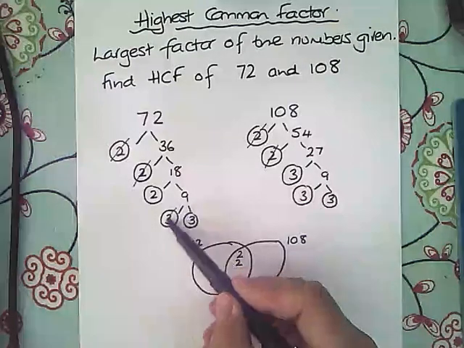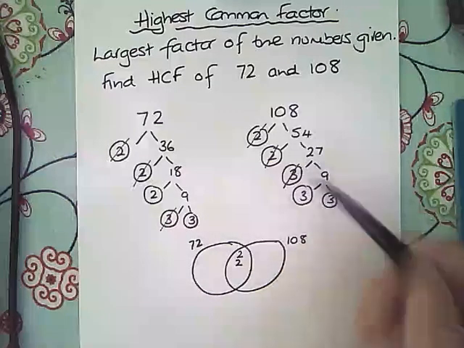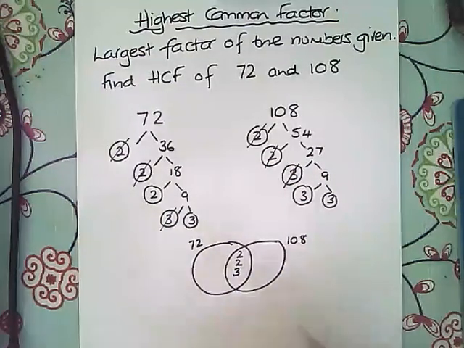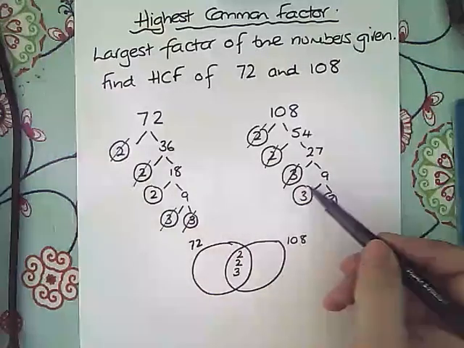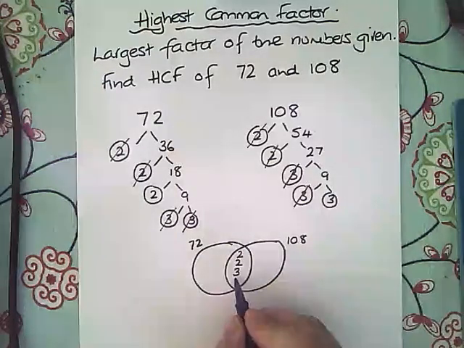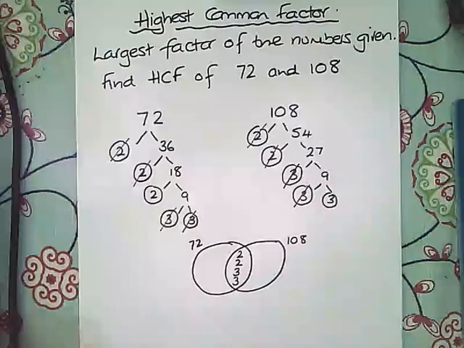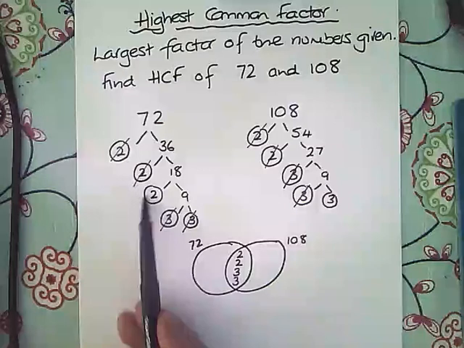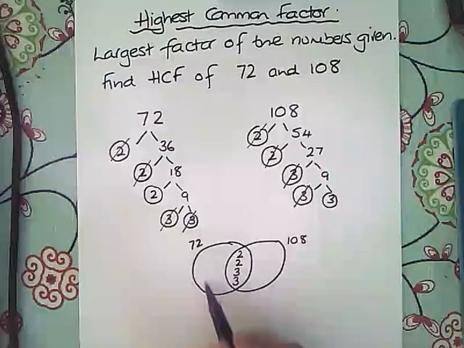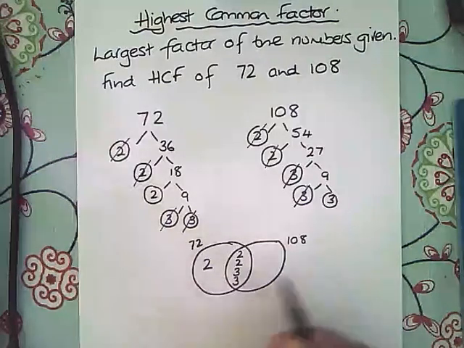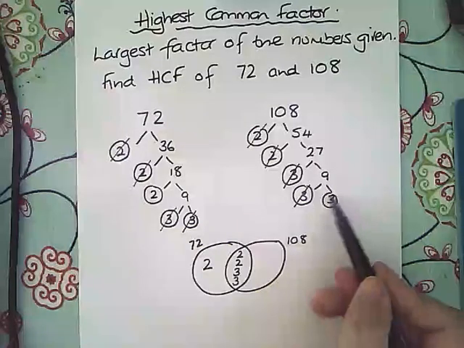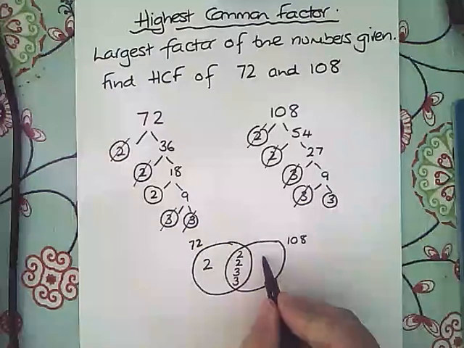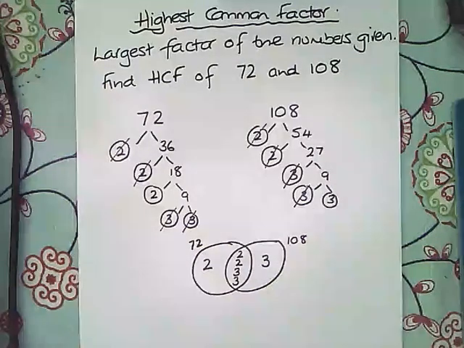We have got a 3 in that one and a 3 in that one, so we put a 3 there. And finally we've got a 3 in this one and a 3 in this one, so another 3 goes there. We are left with a 2 on its own in the 72, so that goes in this region here. And we are also left with a 3 that's not been crossed out for the 108, so that goes there.